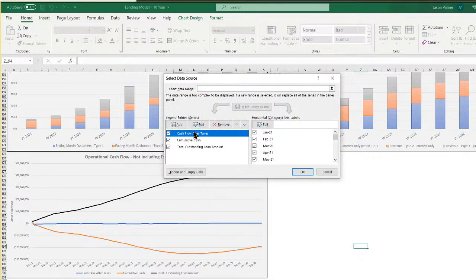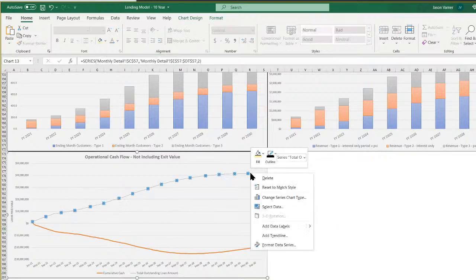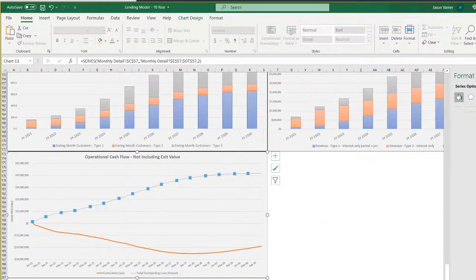Let's take this one out. Really, you want to see the cumulative effect of the operation. So how much cash it took to lend all this money out, and then you're starting to get money back finally here versus how many outstanding receivables you have. Now this needs to be thicker, 2.25.